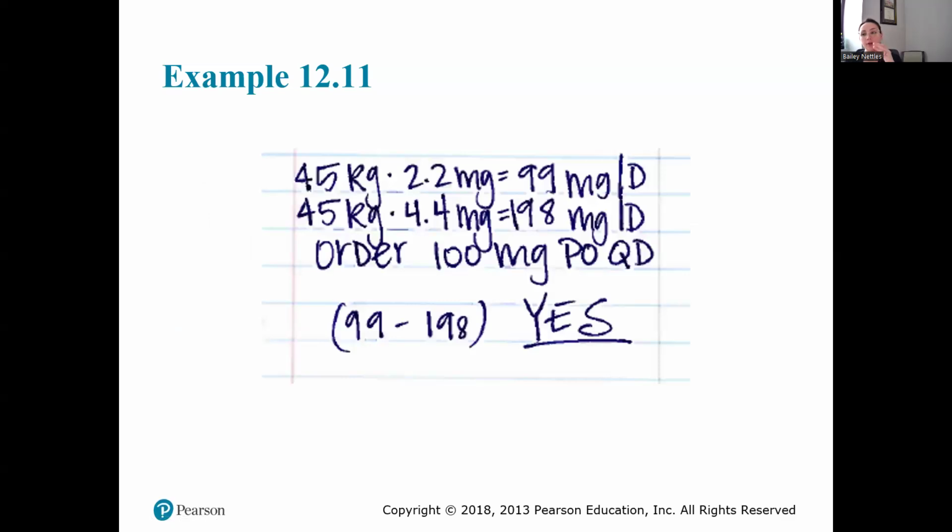All right, so we take our minimum, the 2.2, and multiply it by our 45 kilograms, and that's our 99. So that's our minimum. Then we take our 4.4, multiply it by our kilograms, and that gives us our maximum. So 99 to 198. The order was for 100 milligrams. Is 100 between the 99 and 198? Yes. So yes, this is a safe dose.